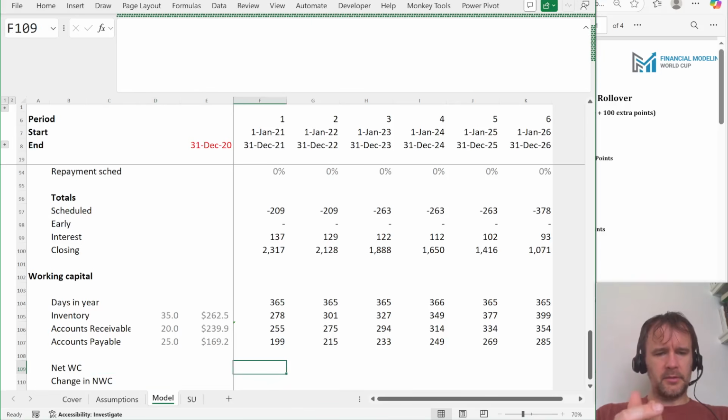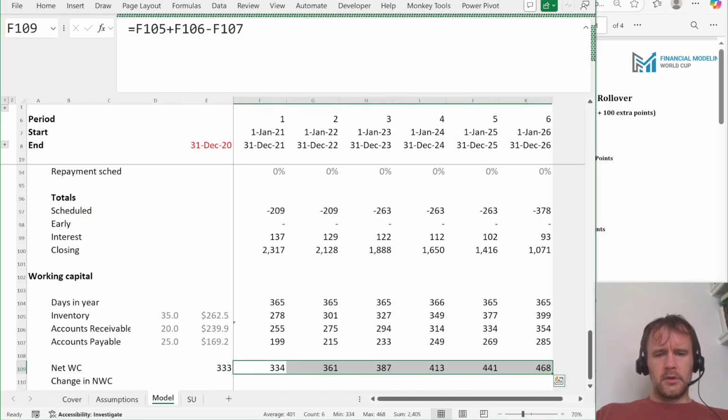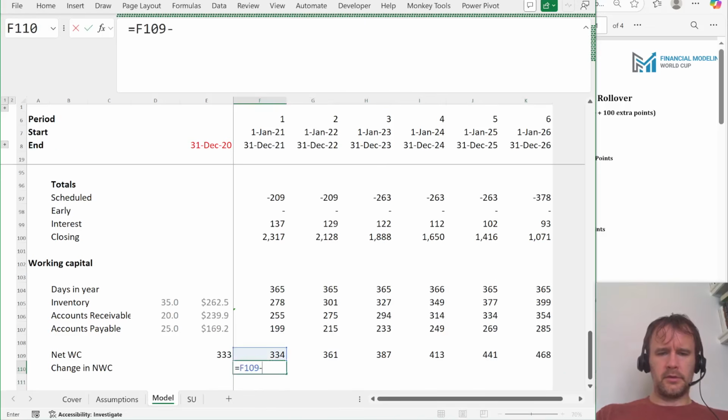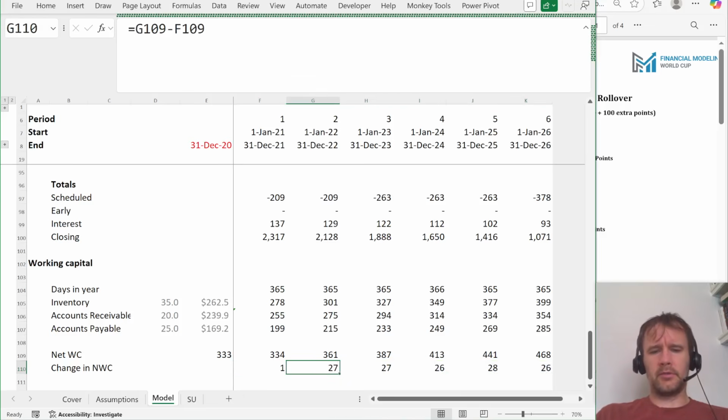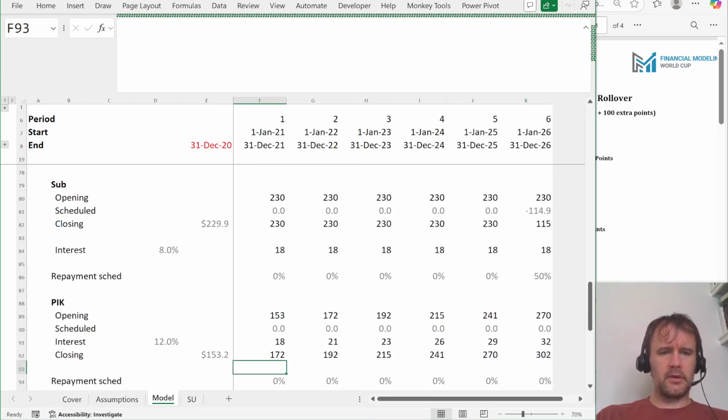So net working capital, change in net working capital. I always have to stop and think about this. The net working capital is, so inventory and receivables are both locked up. Payables are good. So then it's going to be this minus this. So you're basically locking up a little more capital over time as you're growing, which kind of makes sense. Fine.